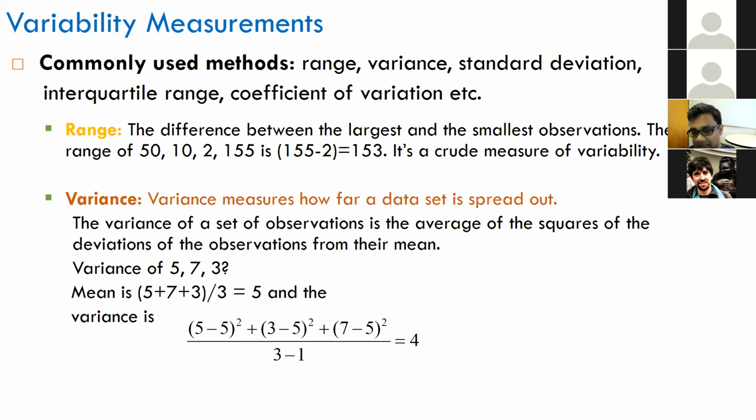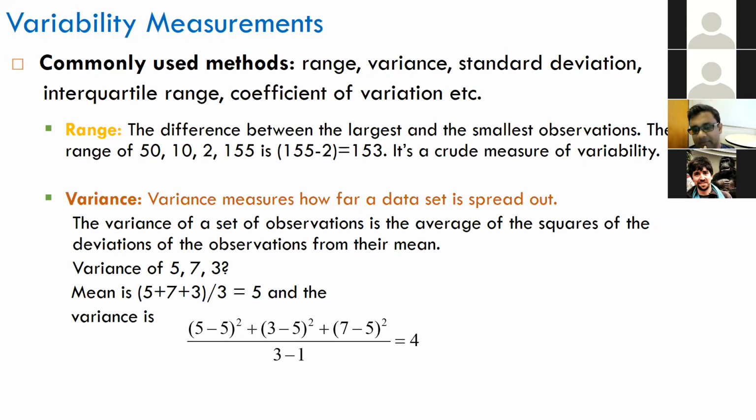How do you calculate the variance? Let's say in this example you have 3 plants, with plant heights 5, 7, and 3 centimeters. So you can calculate the mean, which is 5.